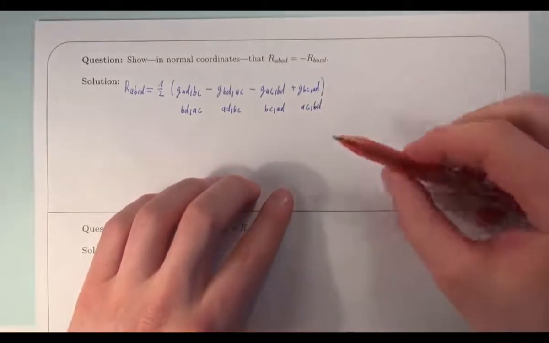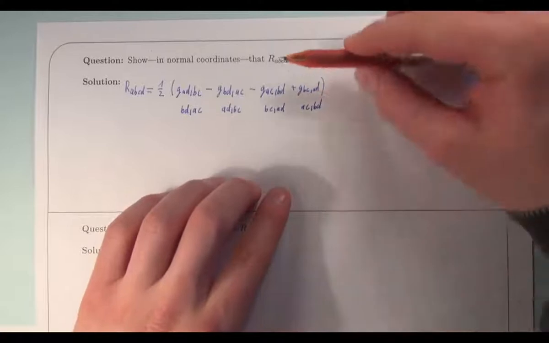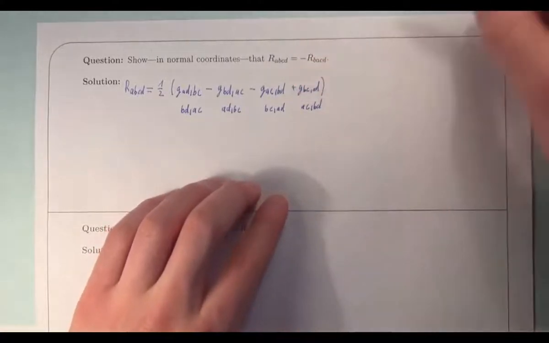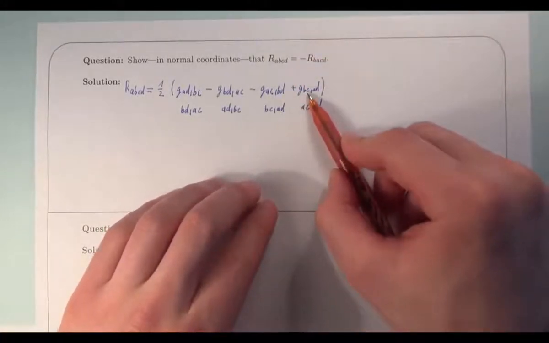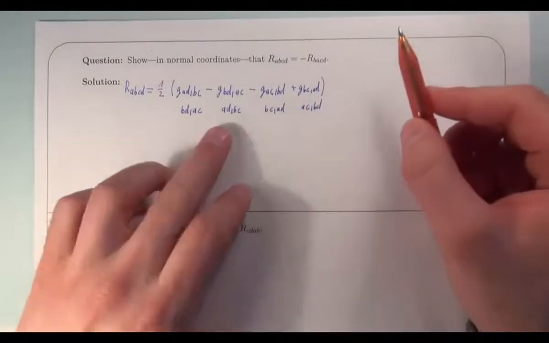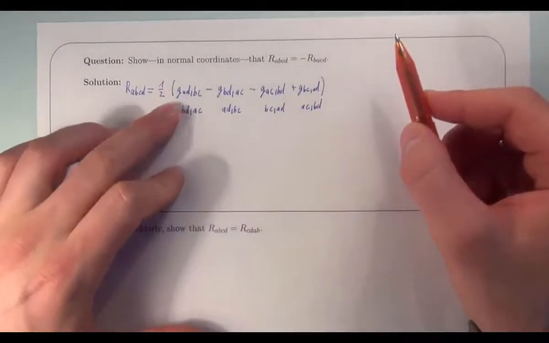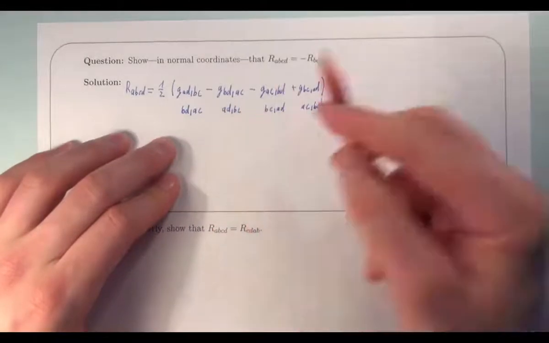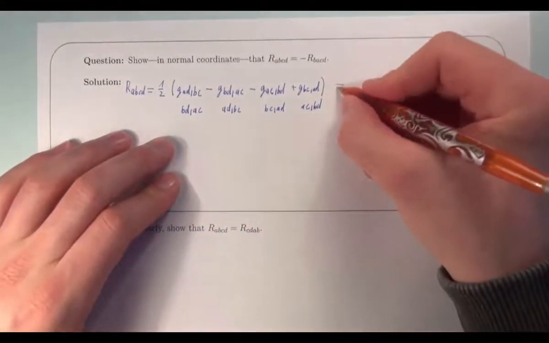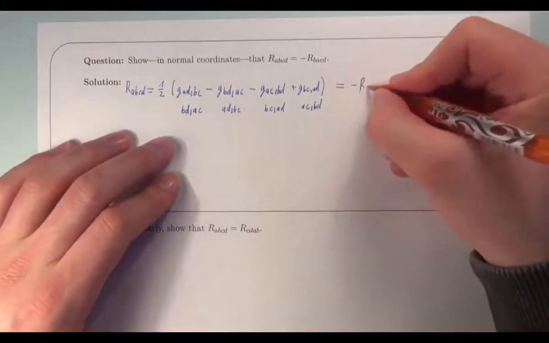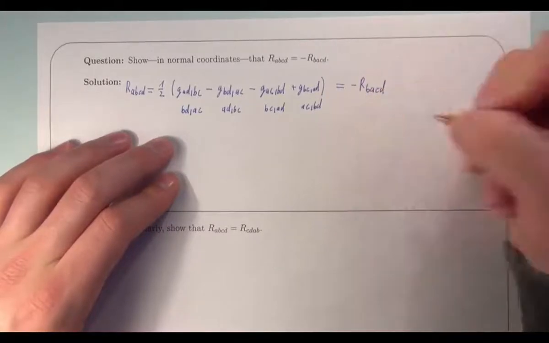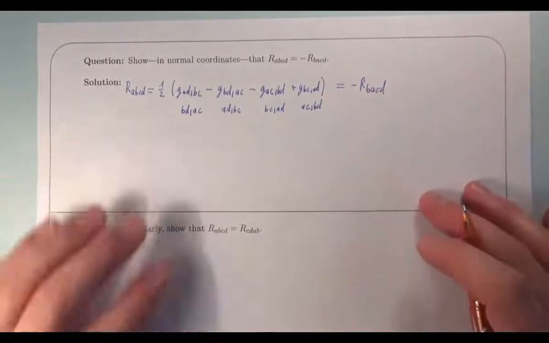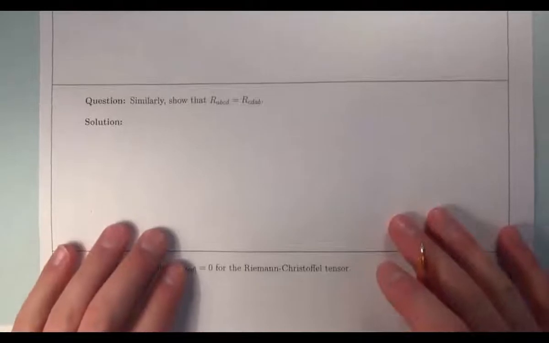Yeah, let's look it up. AC,BD, here with a minus sign. Perfect. BC,AD, here. Minus, minus, plus. Perfect. AD,BC we found over here. BD,AC we found over here. So, this is minus R_BACD. Very simple, actually. Go to the next question.